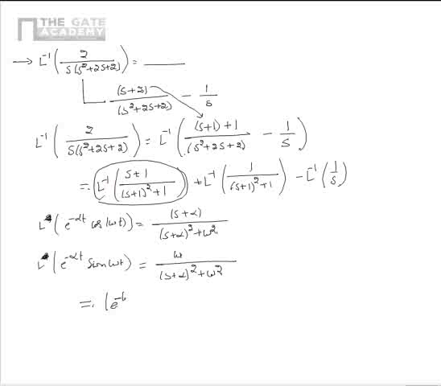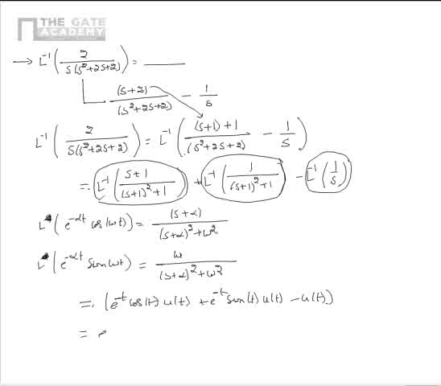So this gets simplified as e power minus t cos t u(t), and the second term gets simplified as e power minus t sin t u(t). Here alpha is equal to omega is equal to 1, and the third term gets simplified as u of t. So finally we get that e power minus t multiplied by (cos t plus sin t minus 1) as a whole multiplied by u of t is the required inverse Laplace transform.